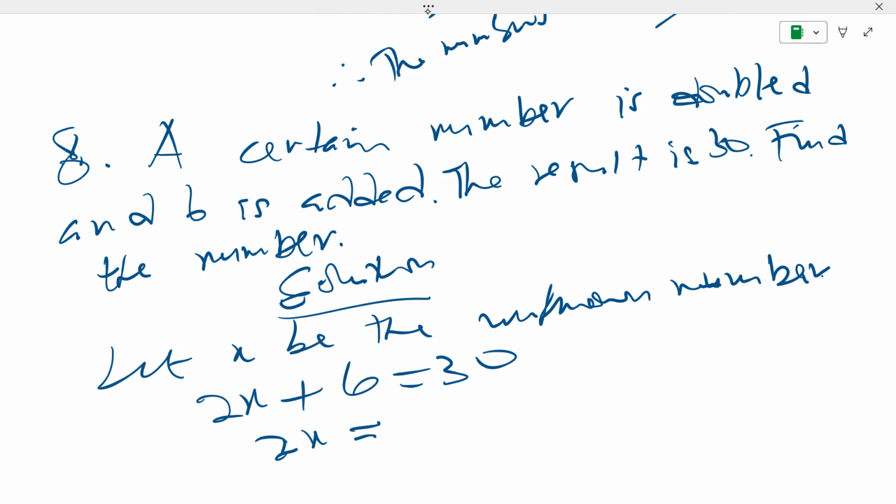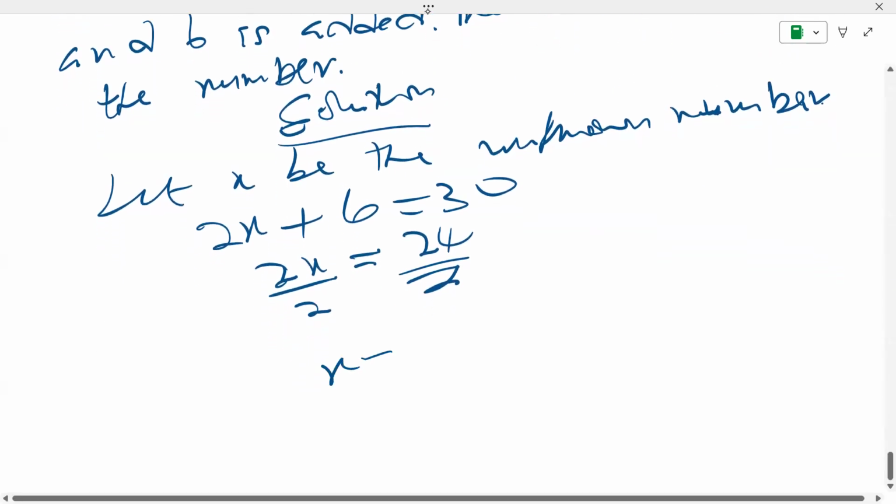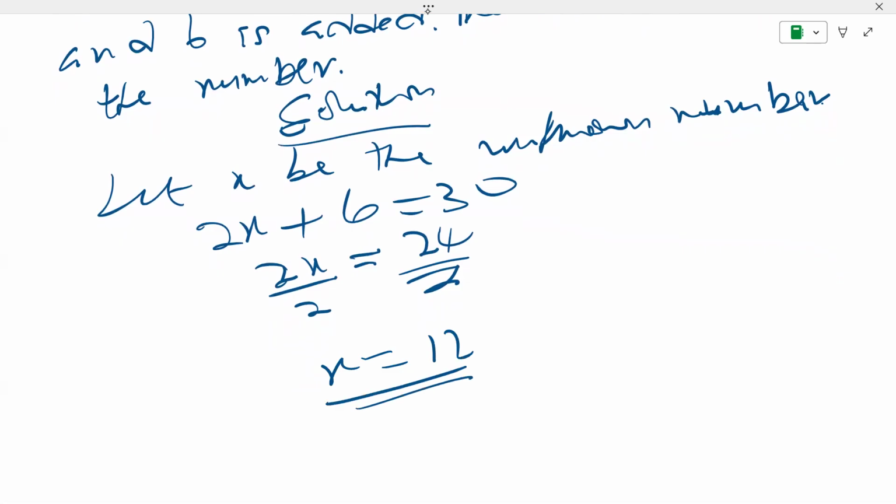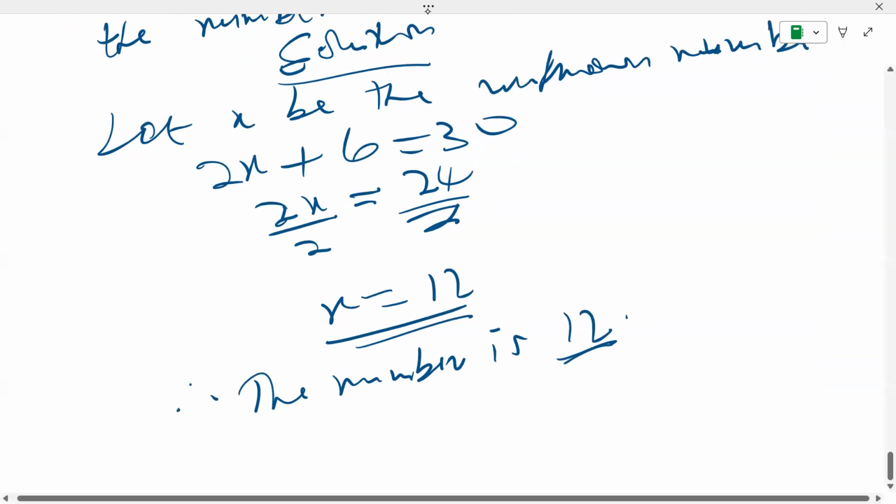We subtract 6 from both sides, so we shall get 24 on the other side. We divide both sides by 2, so our x will be 12. So the number that we are looking for is 12. That's great.